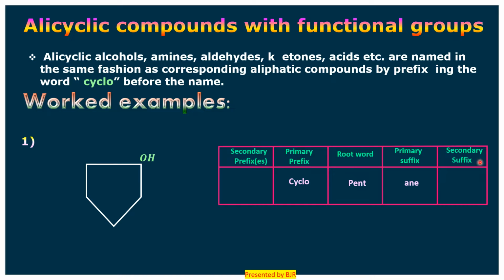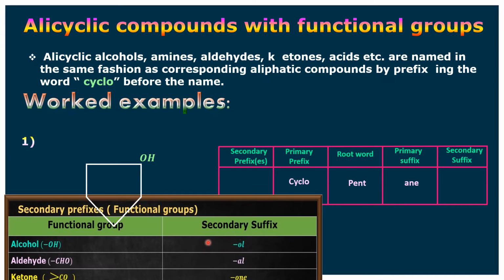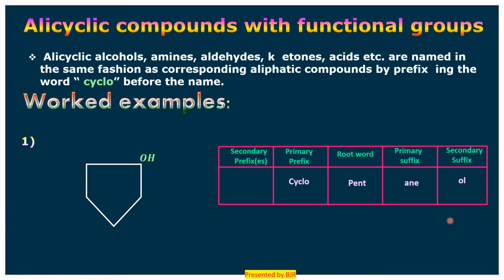Coming to the secondary suffix, the alcohol functional group, that is the OH functional group, is attached to this carbon atom, so the secondary suffix is ol. So the IUPAC name of this alicyclic compound containing the OH functional group is cyclopentanol.